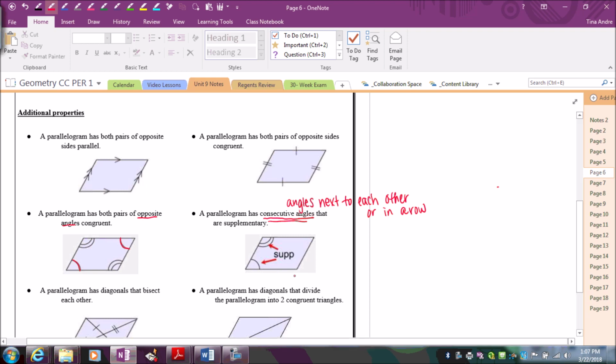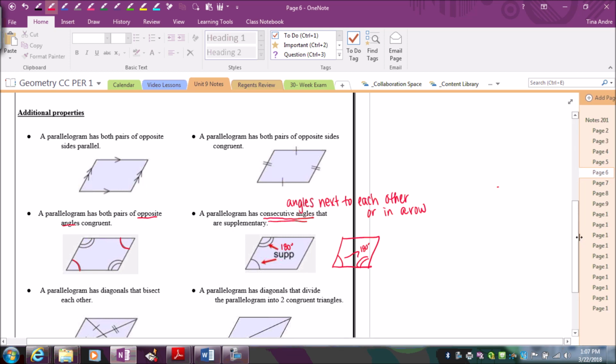And since you have both pairs of opposite sides parallel, you're going to have multiple pairs of consecutive angles that are going to be supplementary, or adding to 180 degrees. So it's not just those ones. You could also say, I'm going to just redraw that. I just want you to make sure that you see in a parallelogram, it can also be the angles down here that are supplementary, because both pairs of sides are parallel.